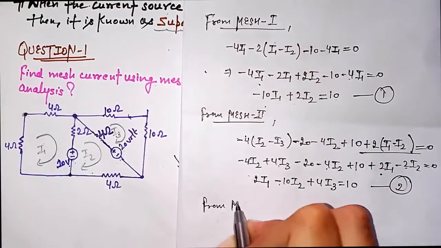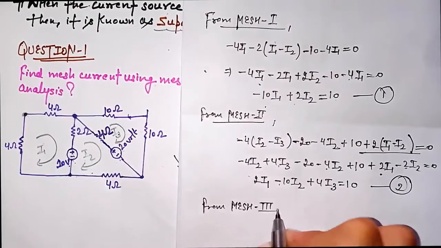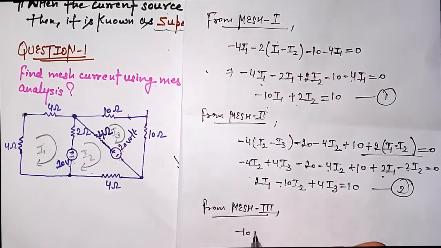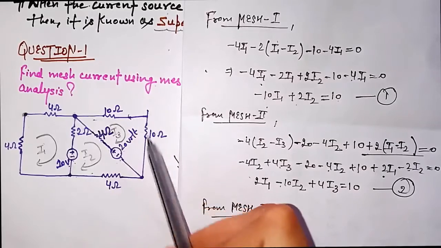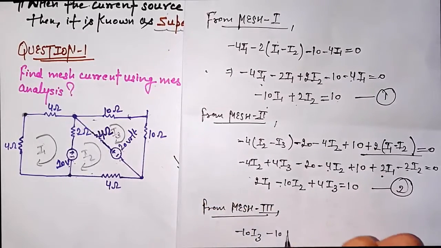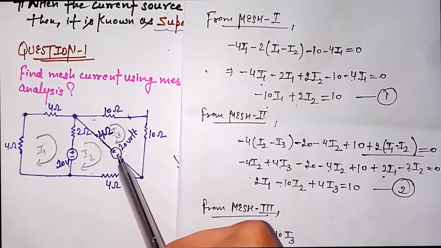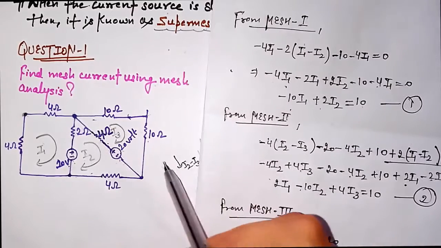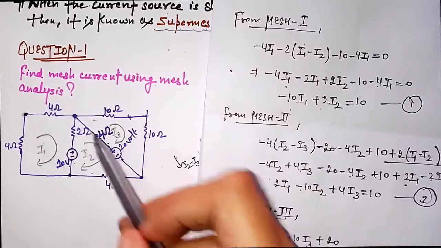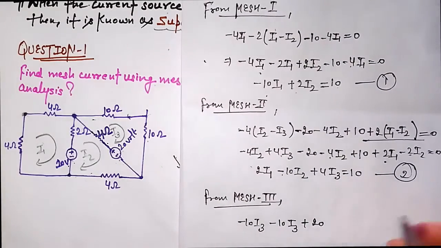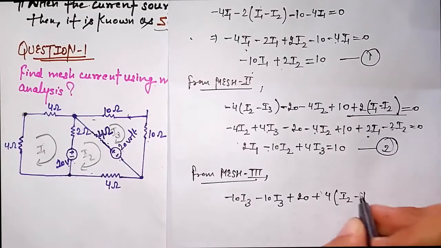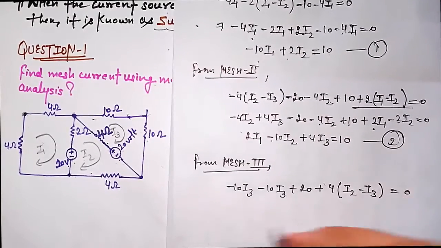From mesh 3, came to mesh 3, write the same equation. Okay, minus 10I3, then minus 2 positive, plus 20, then net is in this way, but loop direction is upward, so we take plus. 4(I2 minus I3) is equal to 0.